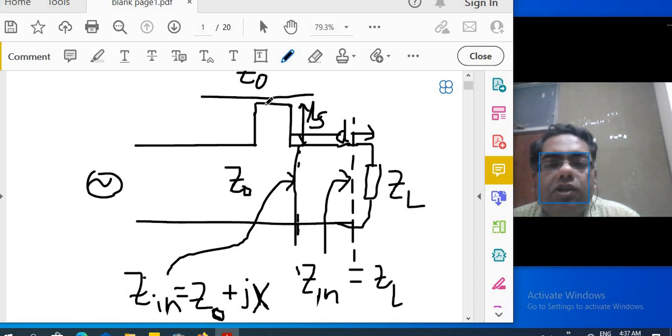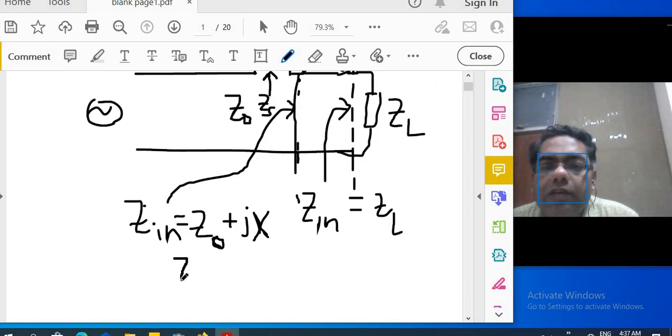This stub is short circuited, it can be open circuited also, and its length is Ls. Now we know that the input impedance of a short circuited or open circuited line will only have the imaginary part. We have seen the derivation. Suppose the input impedance of this stub is ZS.